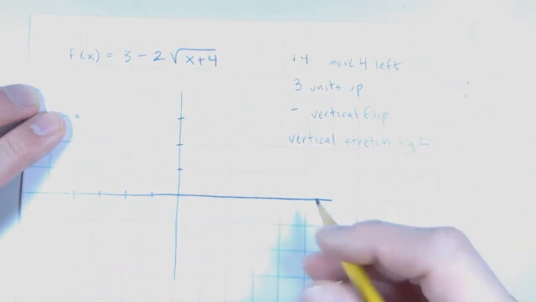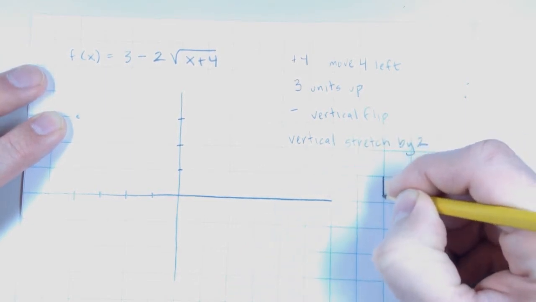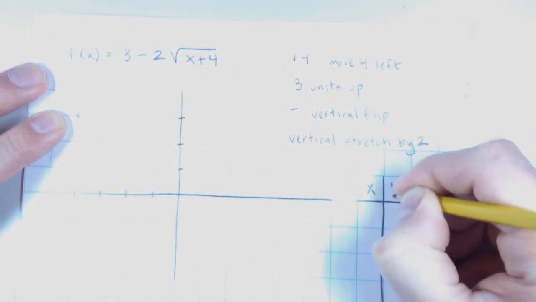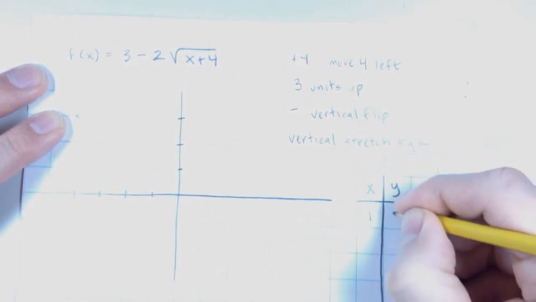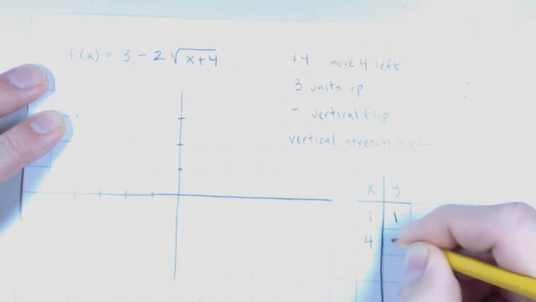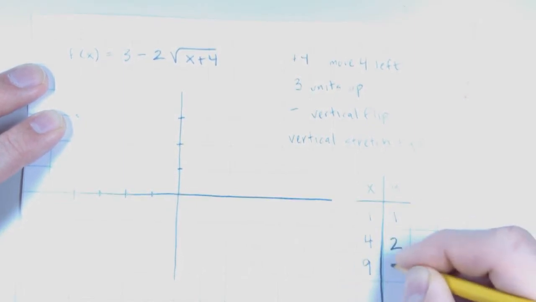And normally, we know that a square root graph would have points on it like 1 comma 1 and 4, and the square root of 4 is 2, and 9, and the square root of 9 is 3.